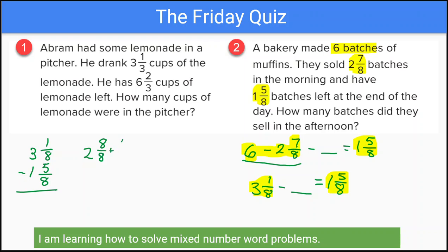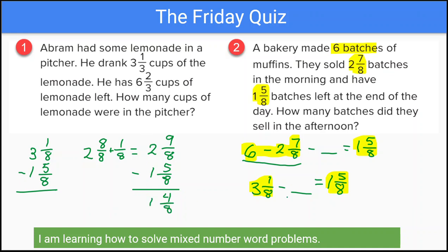Plus, we got that 1/8 right there. 2 8/8 plus 1/8 equals 2 9/8, right? Now we can take away 1 5/8. 9/8 take away 5/8 equals 4/8. 2 take away 1 is 1.